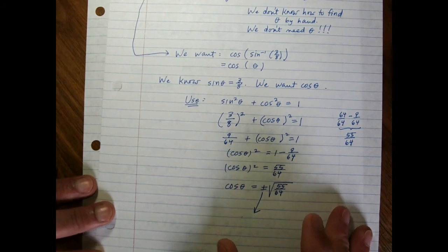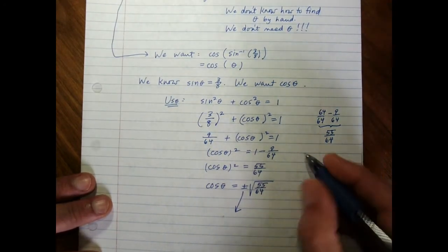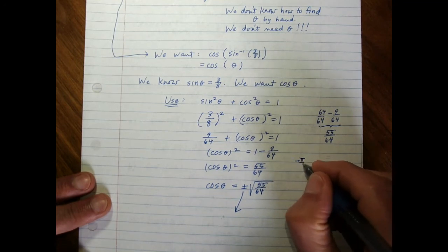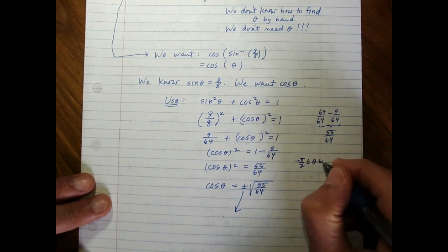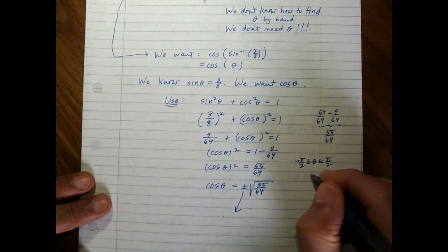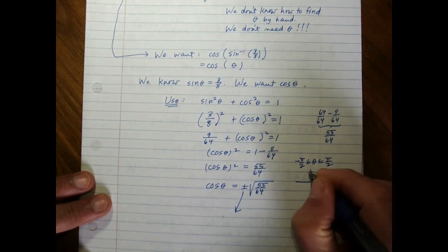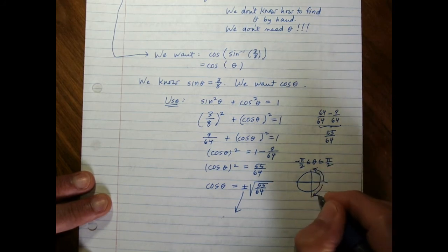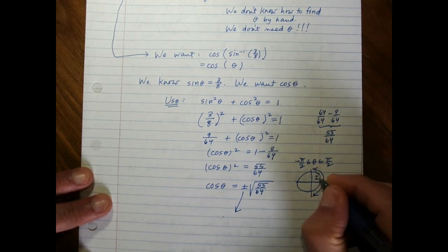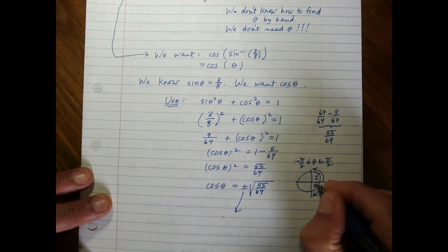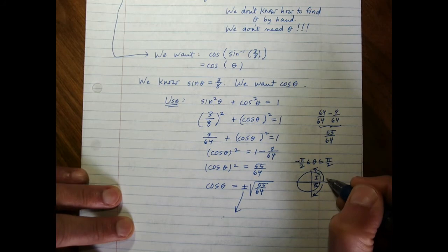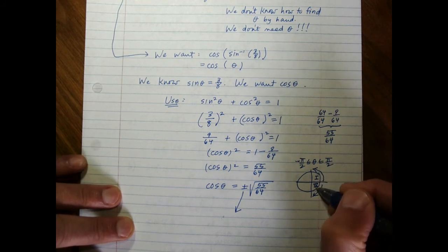And what do we know about theta here? Well, all we know about theta is that negative pi over 2 is less than or equal to theta is less than or equal to pi over 2. That means we're in quadrant 1 or 4. This just limits us down to 2 possible quadrants.